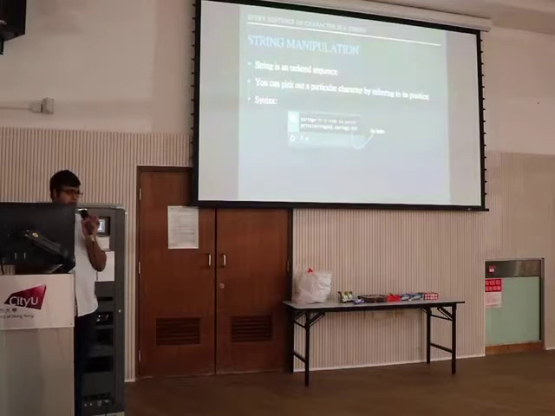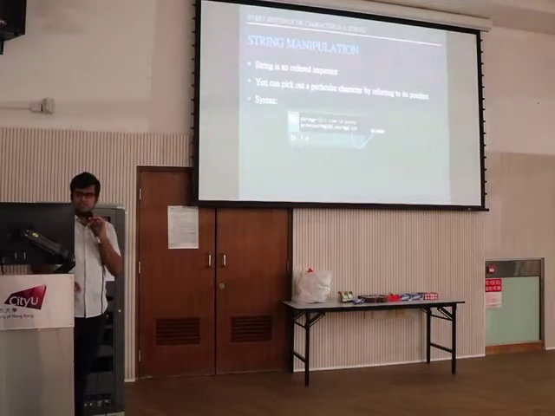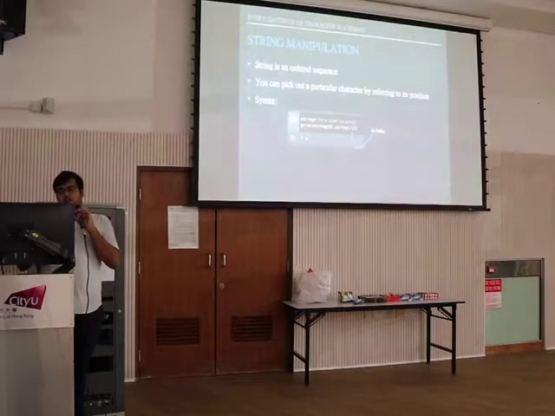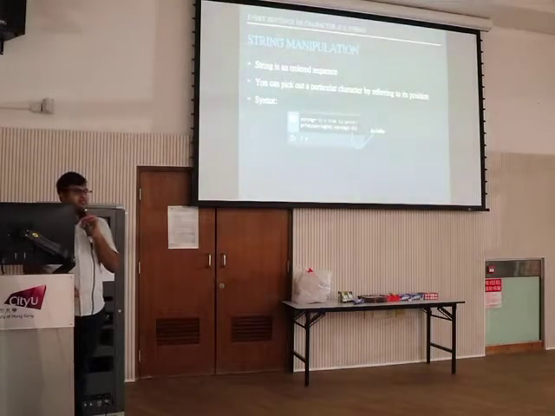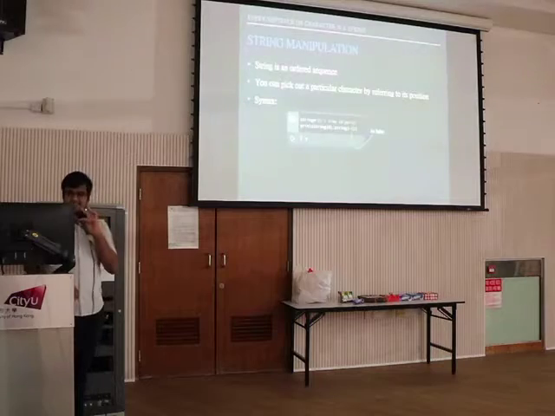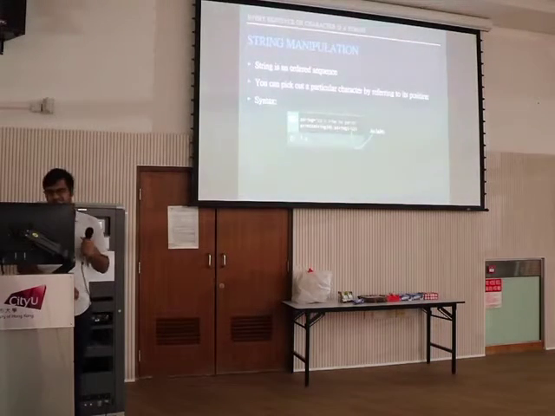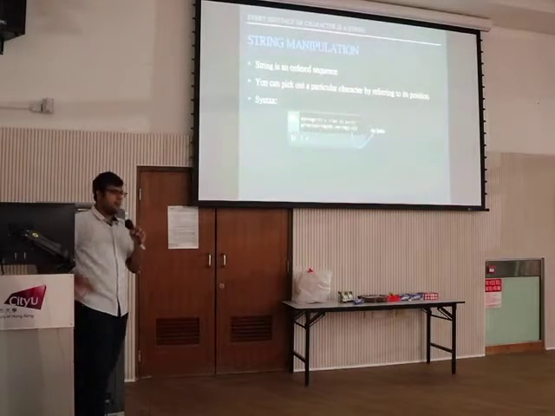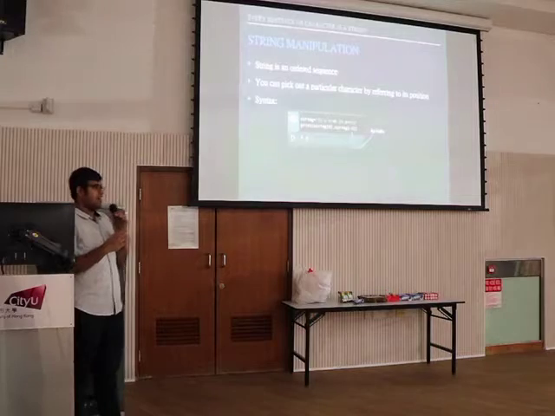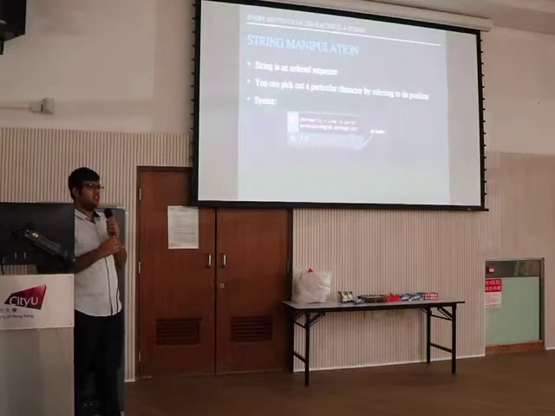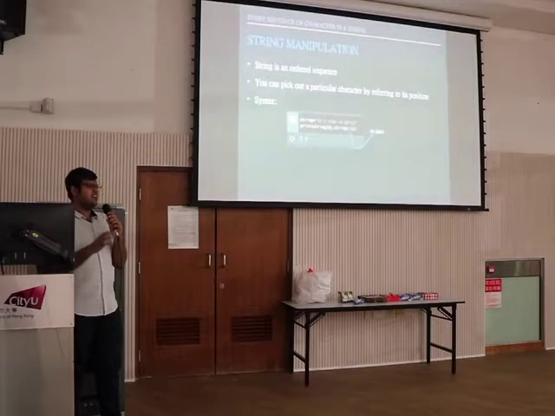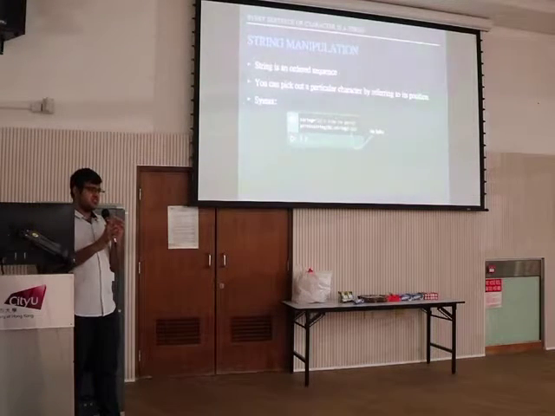Going to the technical part, a string is obviously an ordered sequence. As I said, a string allows you to pick out a particular character just by referencing its position. How indexes work in every programming language I know is that, for some reason, 0 is considered the first position.